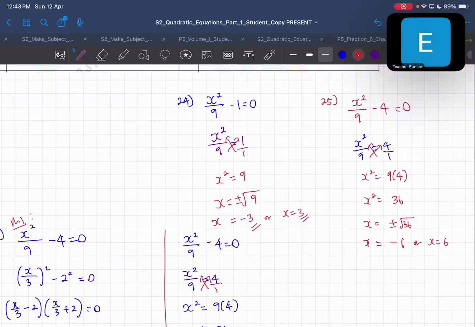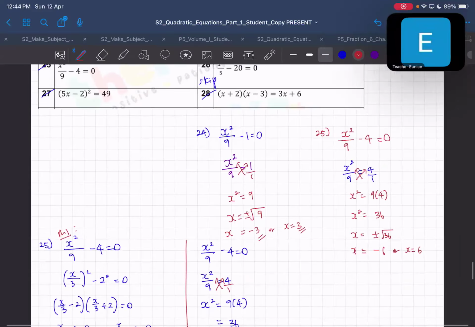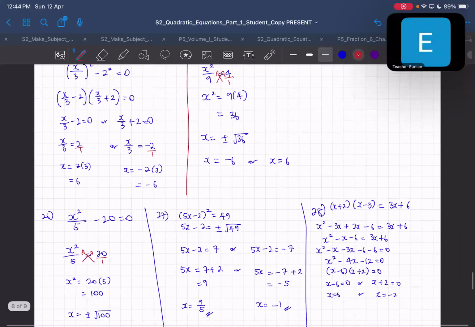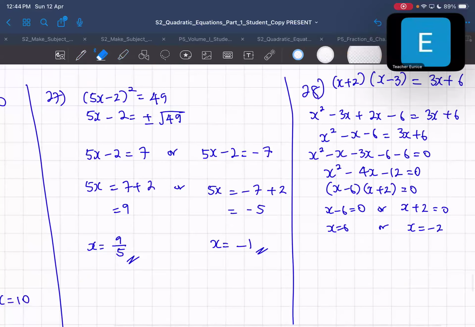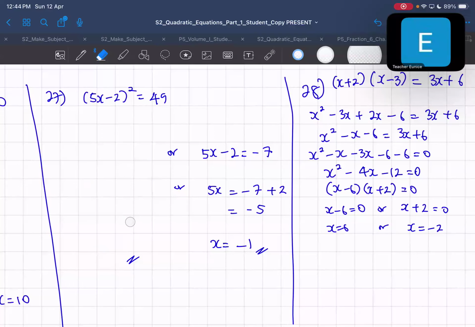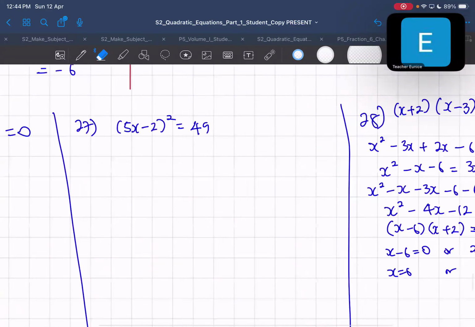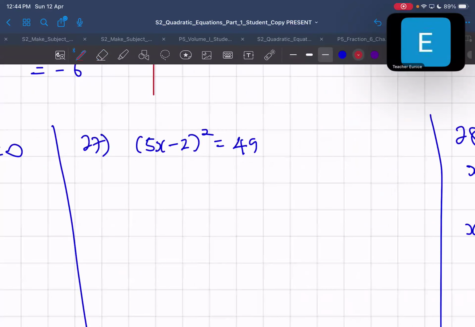Okay, we shall look at 27. Done 27. Okay, 27 is also the same thing, but now instead of a number at the left, we have an expression. But the logic is still the same. It works the same way. So to get 5x minus 2, I have to square root plus minus 49. Correct or not? Actually, it's a bit different in 27. Look at 27.